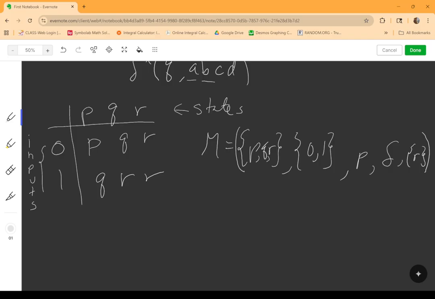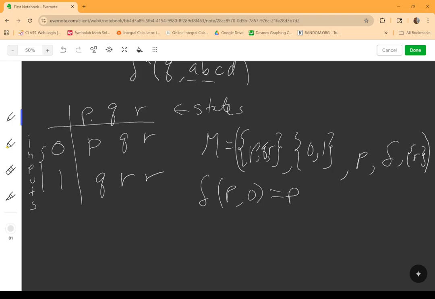Then the function I'll define here as delta. Given state P and an input of 0, I find myself back at P. Again, I'm reading these values from the table.